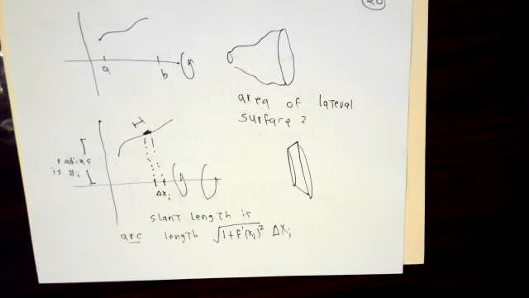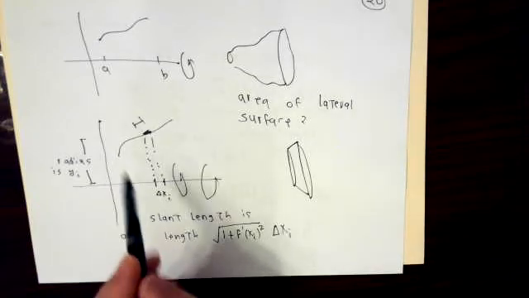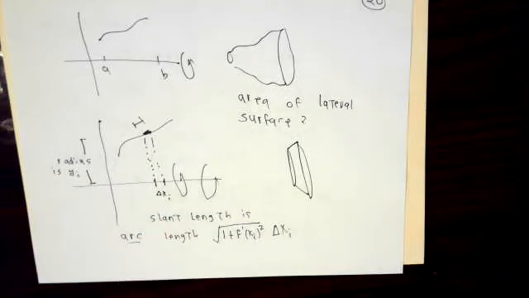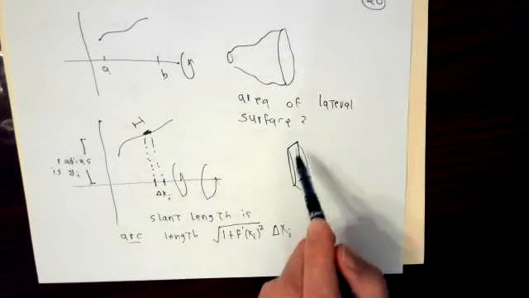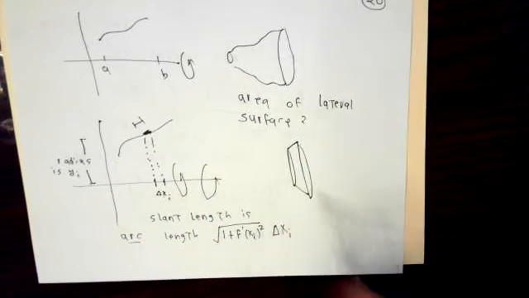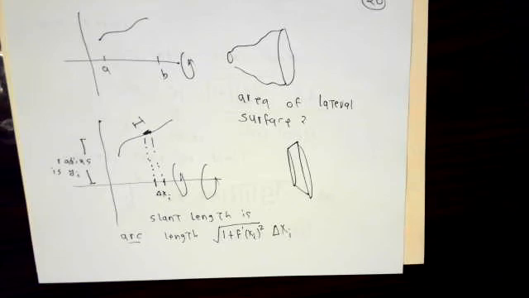The game we're going to play is the same game we've played before, though. Chop the curve up into a whole bunch of much smaller pieces, pieces that are so small that I can pretend that the graph of the function is almost a flat straight line, but not horizontal, it's flat.